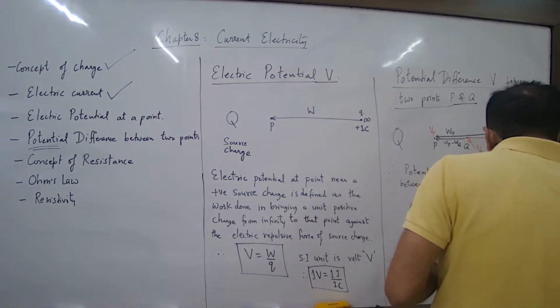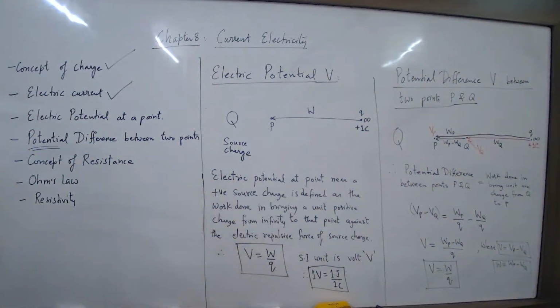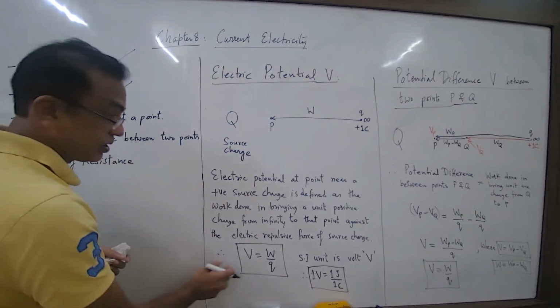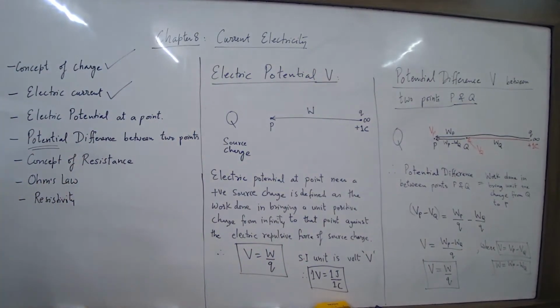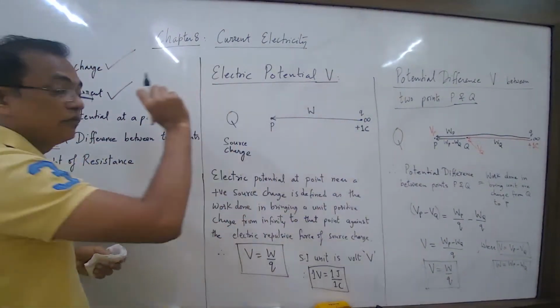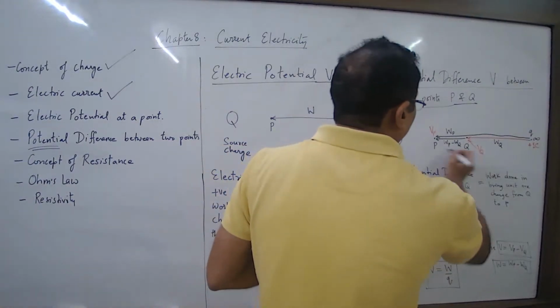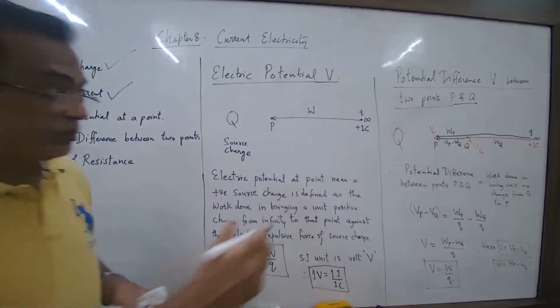It is the work done in bringing the charge from Q to P. So essentially, the formula for potential difference and potential comes to be the same thing. Here, potential is when you are bringing the charge from infinity to that point. And difference is when you are bringing the charge between 2 points. So this is a more practical thing.